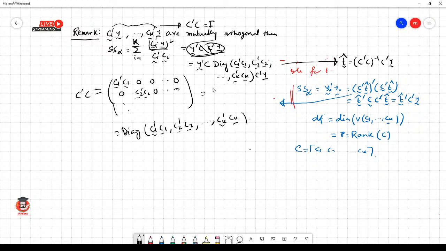So we simply get this as sum over i from 1 to k of (ci curl prime y curl) whole square over ci curl prime ci curl. Okay, so please tell me, have you faced any problem?